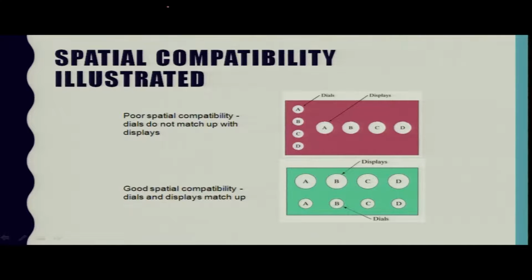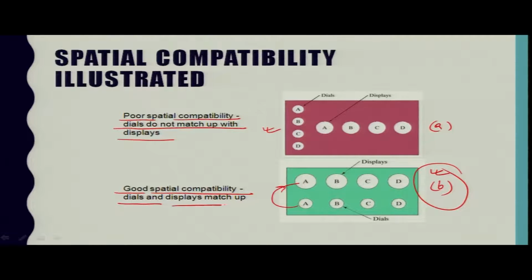Let's say this is figure A and this is figure B. In figure B, A, B, C, D are the dials, and the displays are A, B, C, and D. You can visualize these two figures and you will find that the arrangement in B is more intuitive, or we can say it has good spatial compatibility compared to figure A. Figure A has poor spatial compatibility because the dials do not match up with displays, while in figure B, dials and displays match up.